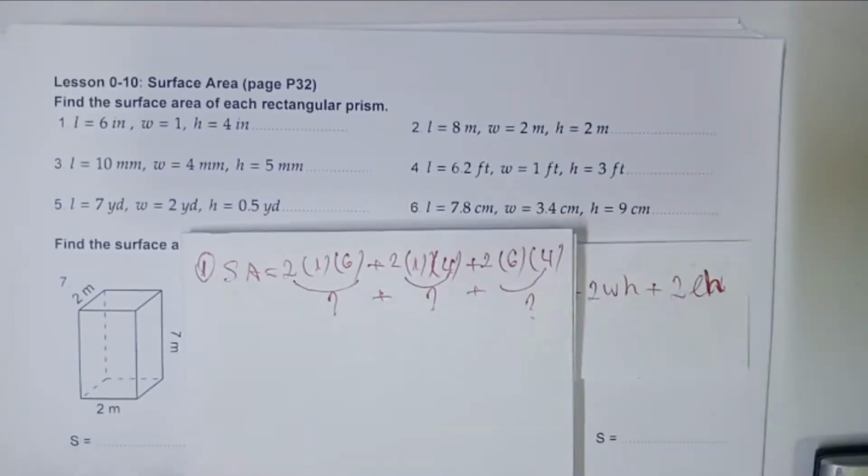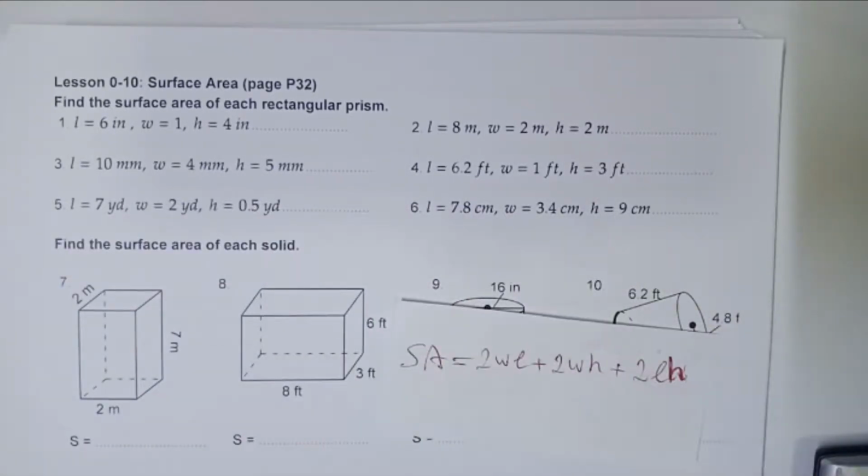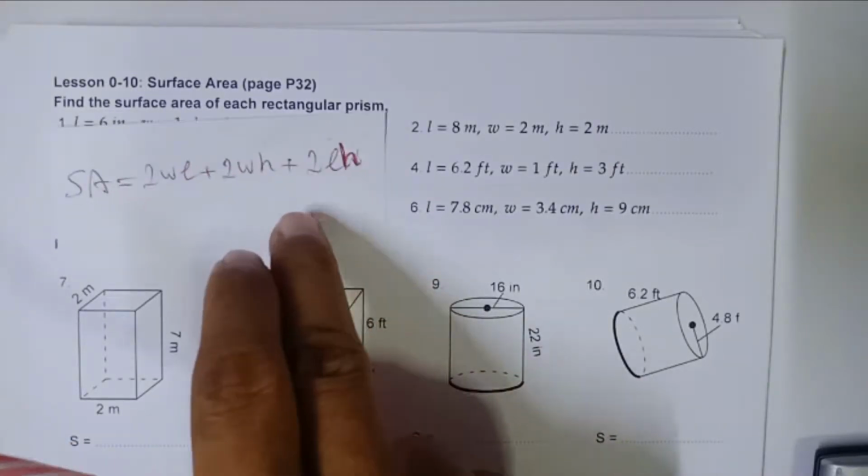Another one, let's say number 6, because for the rest of the numbers you just do the same thing.